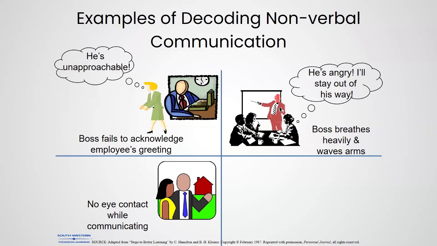Like in another class, the students interpreted that this should be a lady and a father-in-law that are communicating because of the distance. But you will note that no lady stands very close to the father-in-law like that. So how do we decode this? When there's no eye contact, one is thinking, I wonder what this person is hiding. Maybe he's cheating or what?